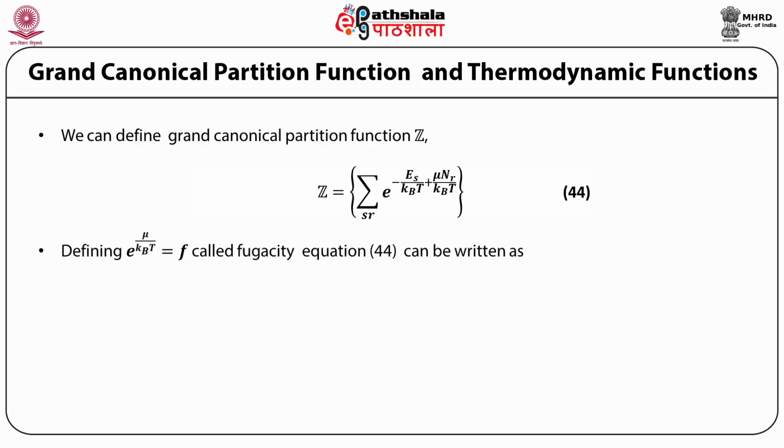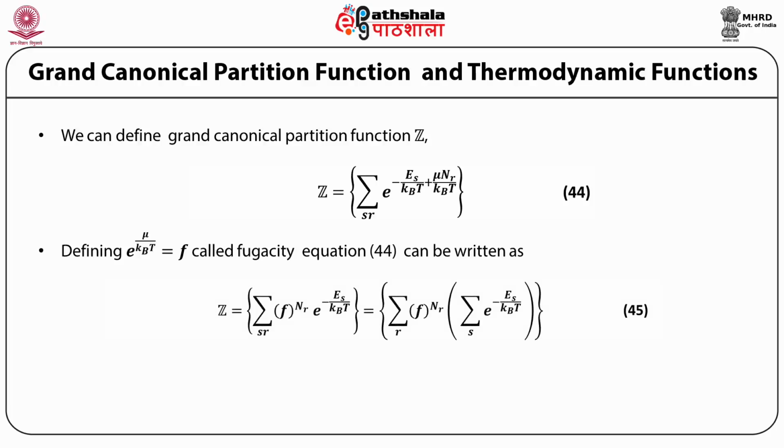Defining e raised to the power mu upon kBT as equal to F, called fugacity, equation 44 can be written as Z is equal to the summation over S, R of fugacity F raised to the power Nr e raised to the power minus Es upon kBT, which is equal to the summation over R of fugacity raised to the power Nr multiplied by the summation over S of e raised to the power minus Es upon kBT.